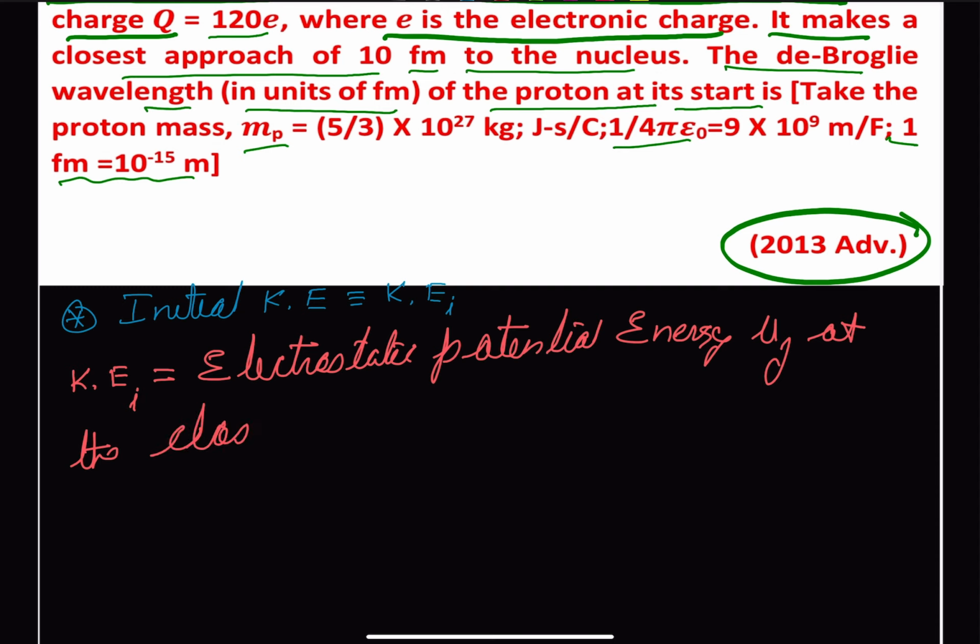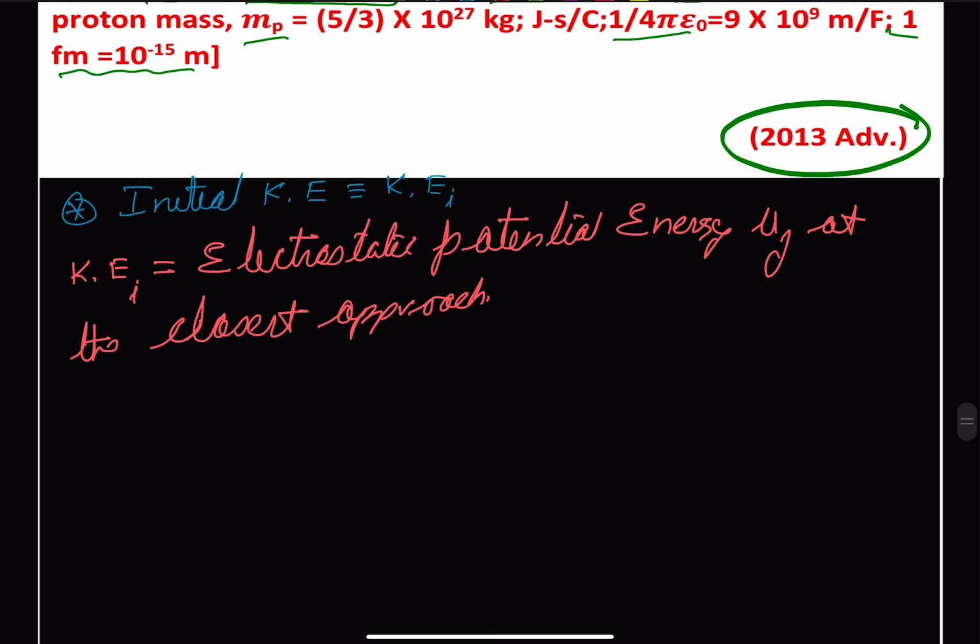So from here we can write that our Ki initial is equal to the potential energy at the closest approach.